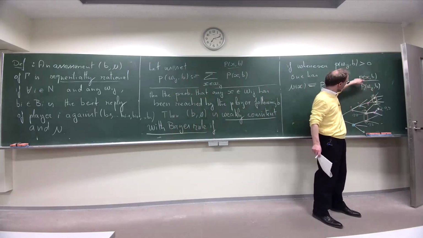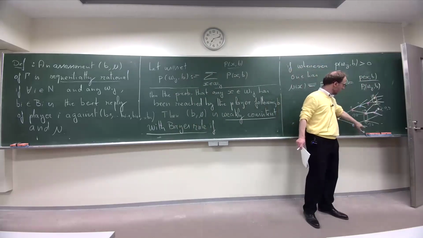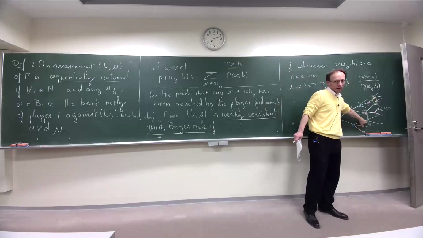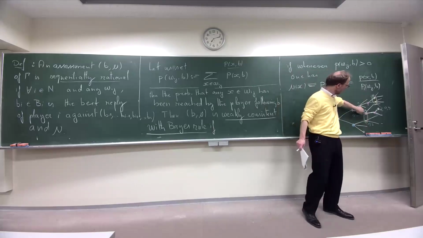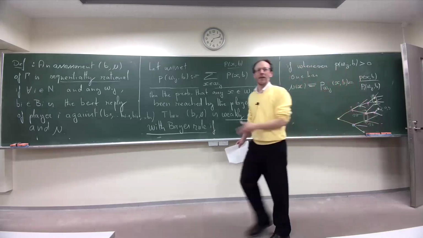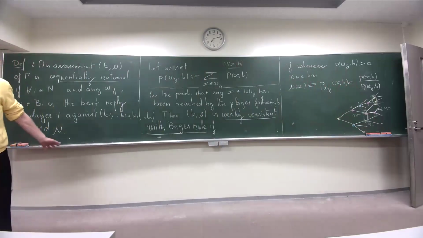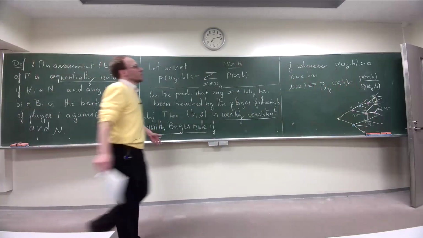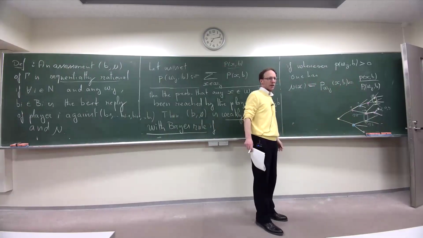If I take the sum of this number at this point plus the number at this point, I obtain 1, because I'm just taking this number divided by the sum of these two and this number divided by the sum of these two. So if I add them, I just get 1. So this is the simplest way to associate a number to this system of belief.